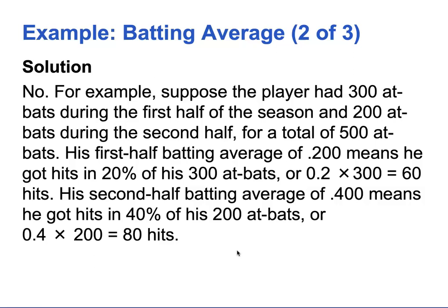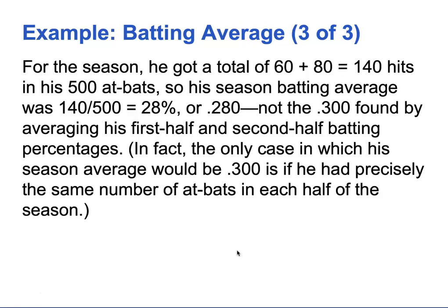His first half batting average, .2, means that he got 20% hits out of 300. So if we were trying to find out how many hits that actually was, you take the .2 and multiply it by the 300, which means he only got 60 hits. His second half batting average of .4 means that he got 40% of his 200 at-bats, which means he got 80 hits.